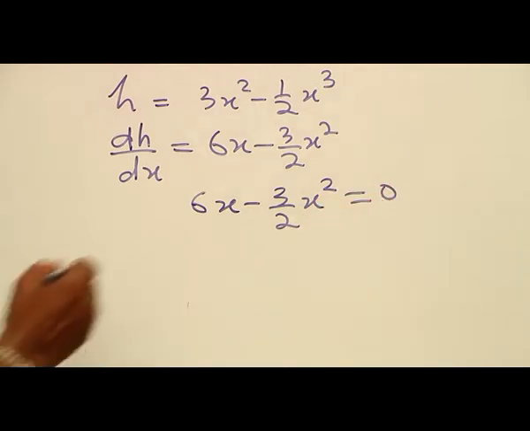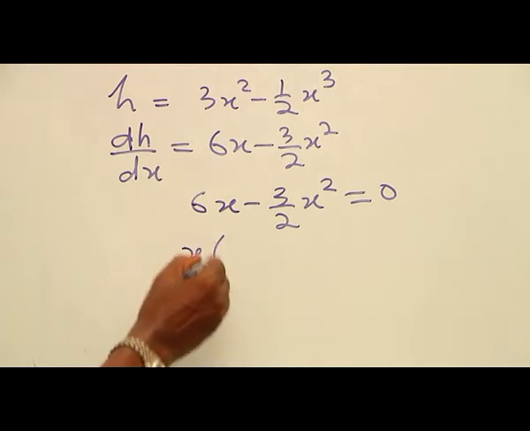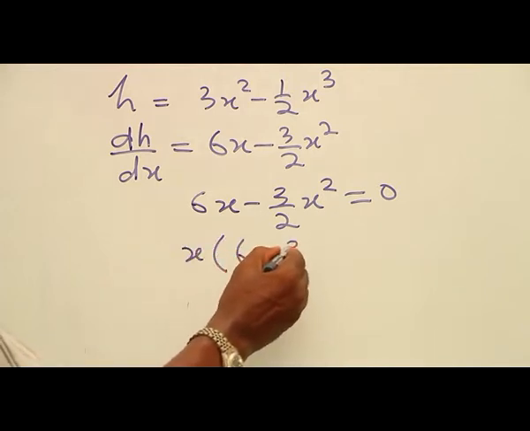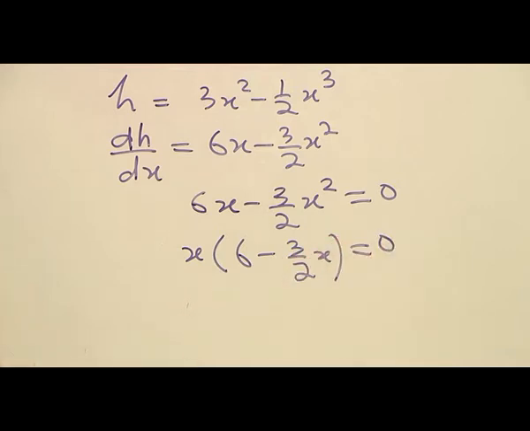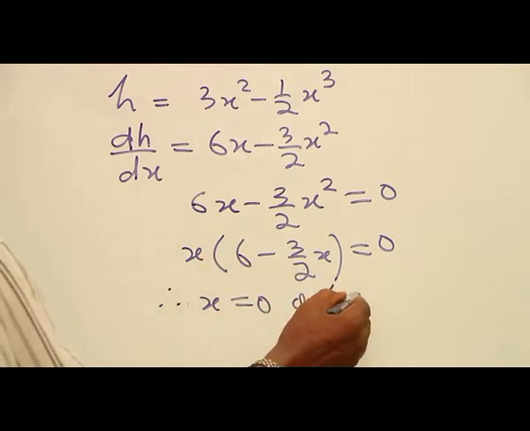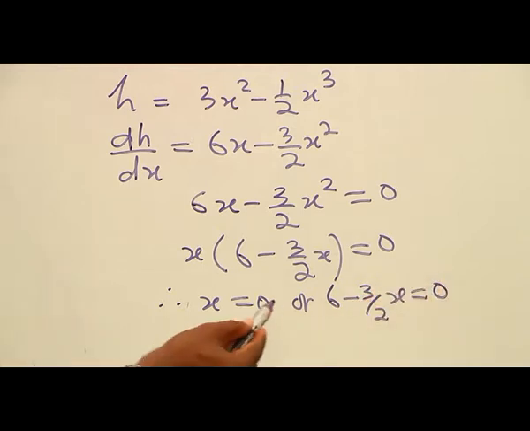Of course, if we do this, x is common. We have x times (6 minus 3 over 2 x) equal to 0, so that x is equal to 0, or 6 minus 3 over 2 x equals 0.